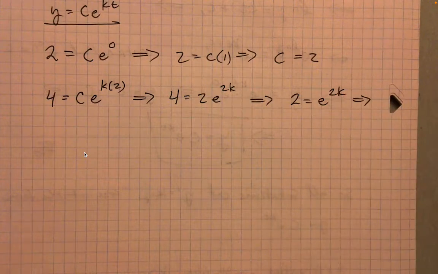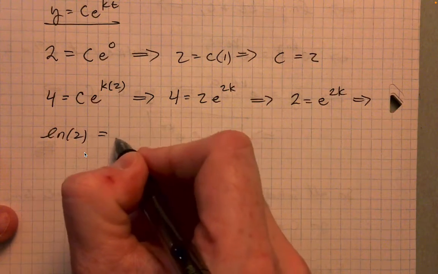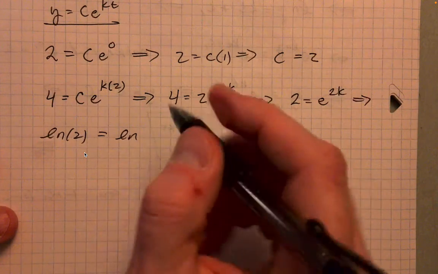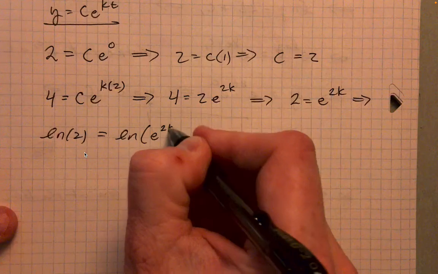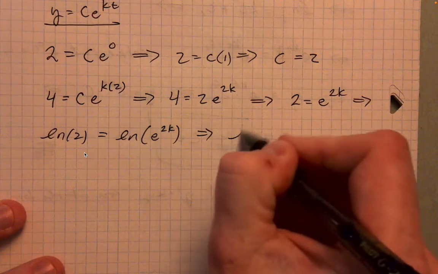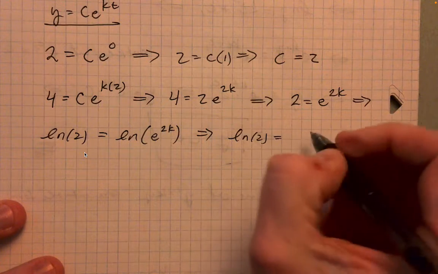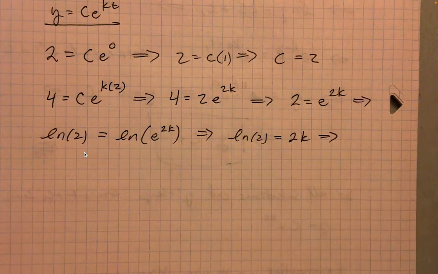Then let's take the natural log of both sides. So the natural log of 2 is equal to the natural log of e to the 2k. Okay. And so that means the natural log of 2 is equal to 2k. Right?